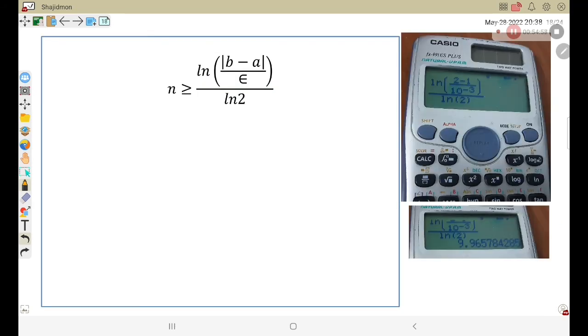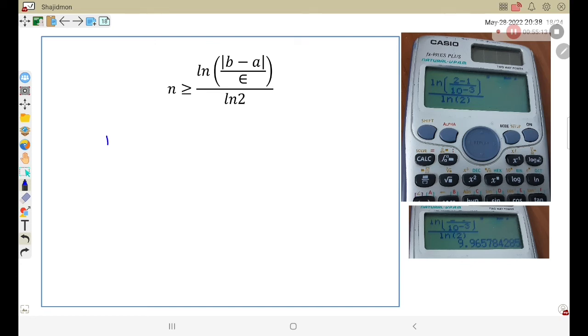What is the number of approximations by using the bisection method? First we write the rule: n is greater than or equal to ln of absolute value of (b minus a) divided by epsilon, all divided by ln 2. We need to memorize that one.